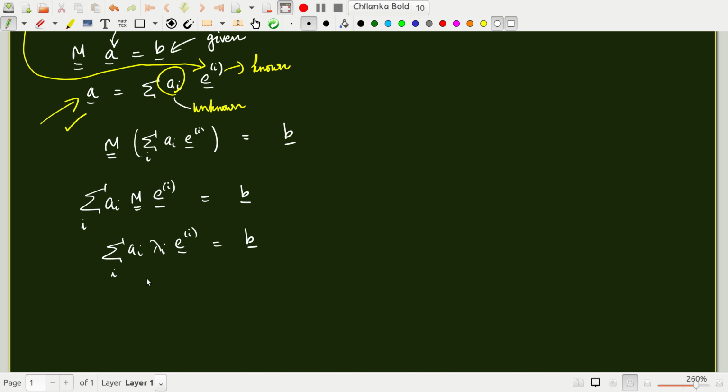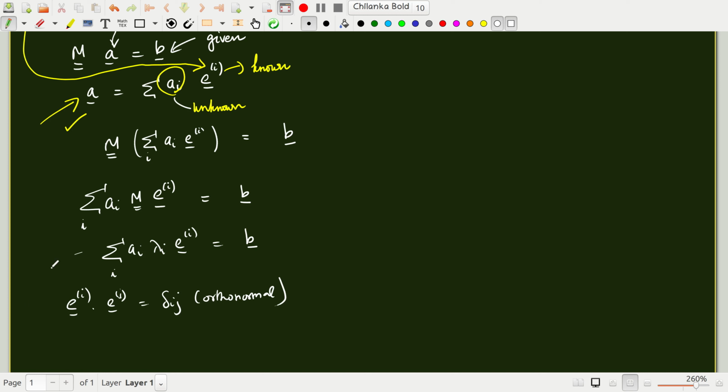Now if I assume ei dot ej, using the same notation we used for dot products, is delta ij, they are orthonormal eigenfunctions. They are orthogonal, and normalized such that when they are dotted with themselves, they give you unity.